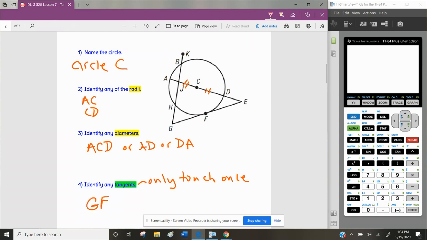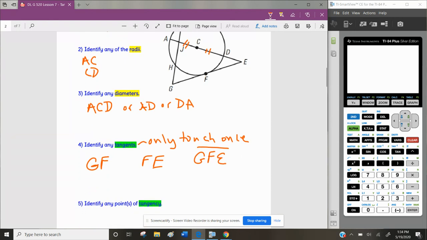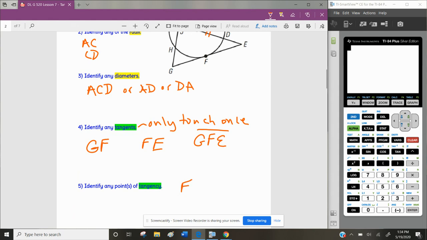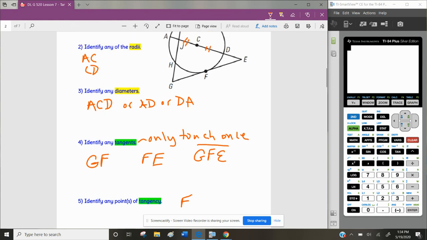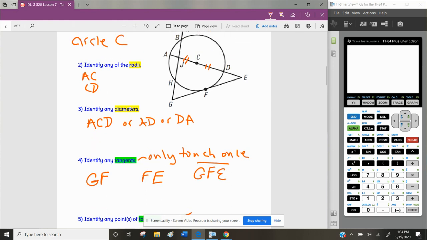If it continued infinitely, then that would be another segment, and FE. Those could be considered one line, so we could call that segment GFE, and F would be our point of tangency. Points are only named with one letter. So our tangents is really only one tangent, because FE and GF are the same line.